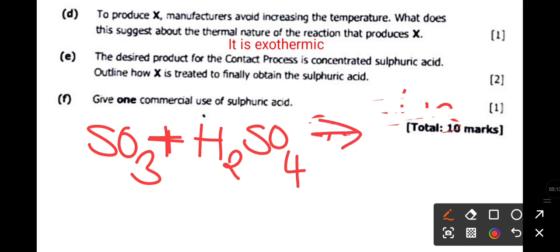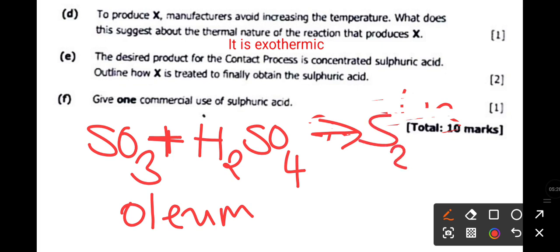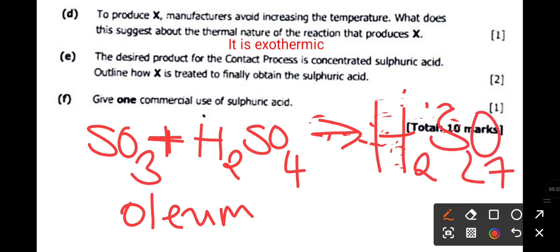So this forms a product that we call oleum, and the formula of this oleum is like this. Alright, so the formula is H2S2O7.